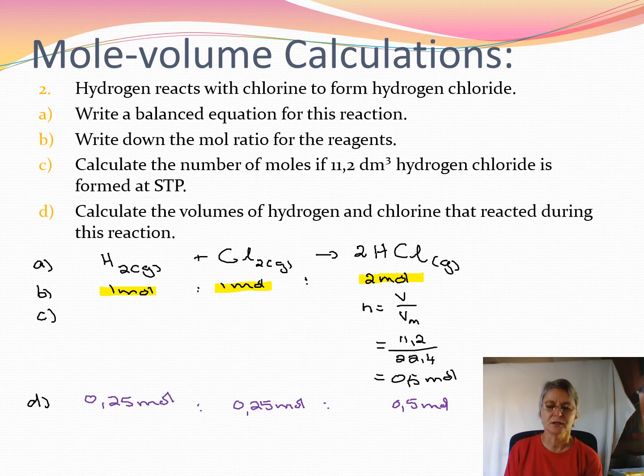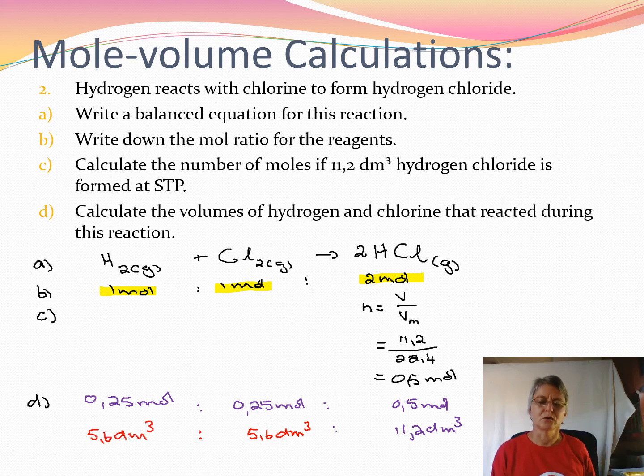But I don't need to take this route because the mole ratio and the volume ratio are exactly the same. So the 11.2 cubic decimeters of hydrogen chloride will require half of that, which is 5.6 cubic decimeters of chlorine, and 5.6 cubic decimeters of hydrogen, because the mole ratio and the volume ratio deduced from Avogadro's law will be exactly the same.